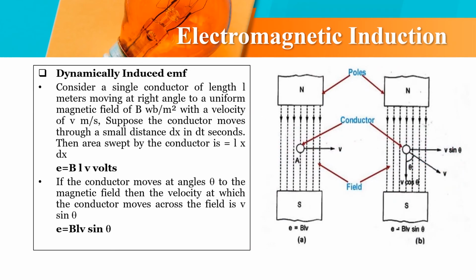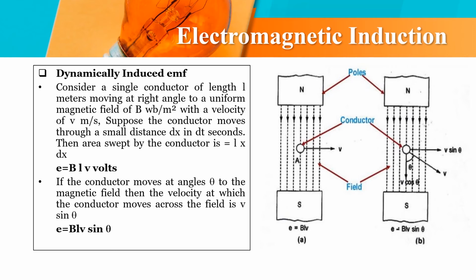Dynamically induced EMF. Consider a single conductor of length L meters moving at right angle to a uniform magnetic field of B Weber per meter square with a velocity of V meter per second. Suppose the conductor moves through a small distance dx in dt seconds.